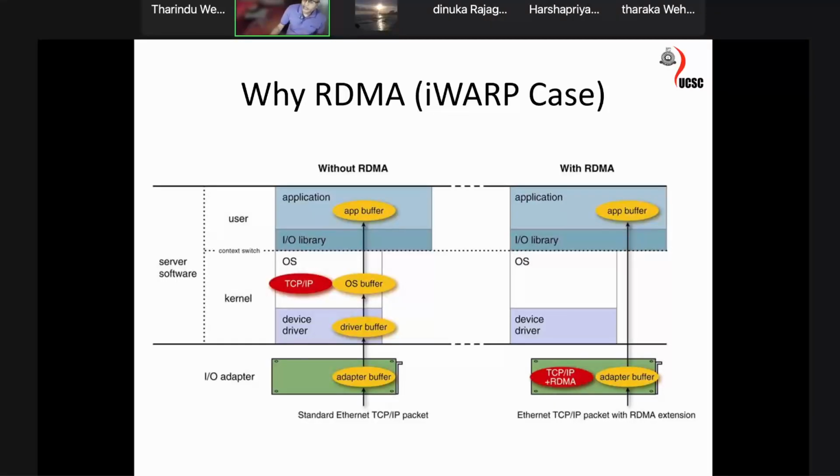Application buffers can directly talk to the hardware based adapter buffer, and all the functionalities of the application, the network protocols, are pushed to the SmartNIC by using RDMA. iWARP is a protocol use case defined by IBM, which is adapted by RDMA protocol development.